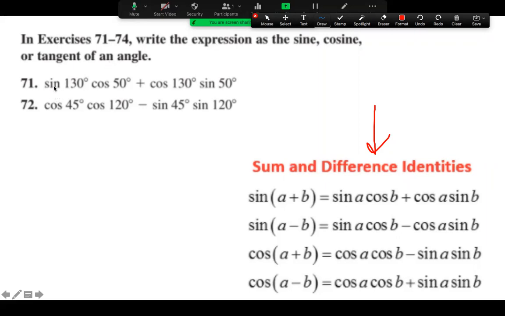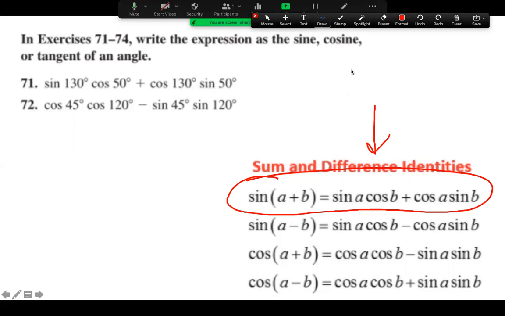You have sine of an angle times cosine of an angle plus cosine of the first angle times sine of the second angle. So it's sine cos plus cosine sine. Which of these identities looks like that? It is this one, right? Let's make sure. We have sine A cos B plus cosine A sine B. Yep, that's correct.